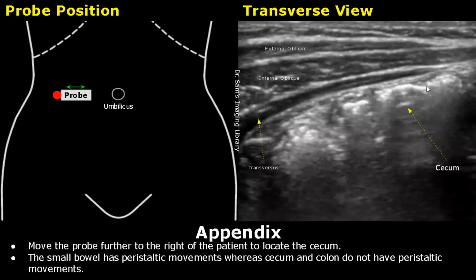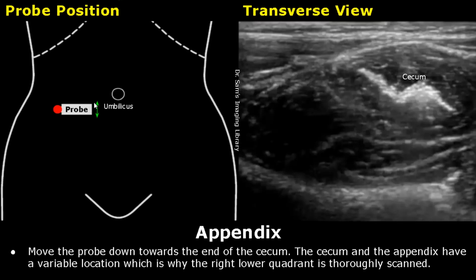It is filled with gas and gives us dirty posterior shadowing. The cecum will not have peristaltic movements, whereas the small bowel will have peristaltic movements. That is how you can distinguish a cecum from a small bowel.